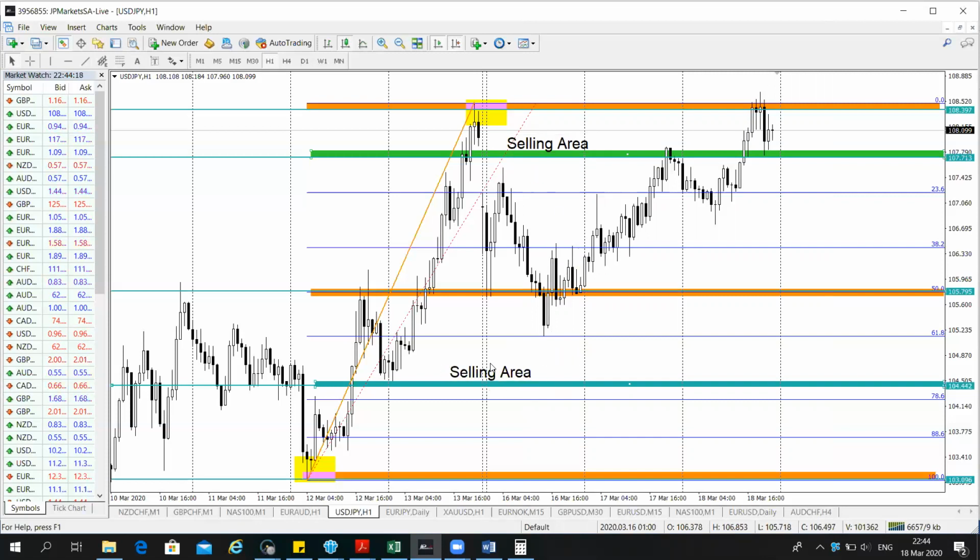And here is my buying area. Any price. So what does this mean? It means that between the 50 Fibonacci retracement level and just above 78.6, I'm going to buy.